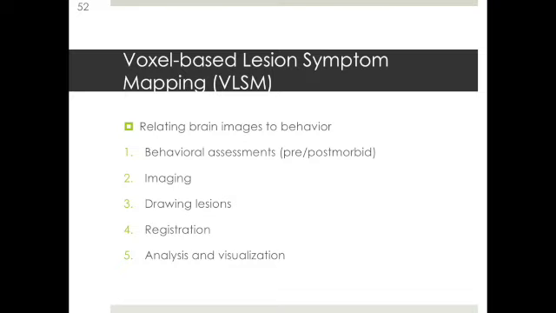After the researchers have gotten these behavioral assessments and imaging data, they can draw the lesions and identify where exactly the lesions are in each patient's brain, then register the different brains across different human subjects, and then use that co-registered brain, the average brain with its lesion patterns, for analysis, visualization, and interpretation in relationship to behavior.